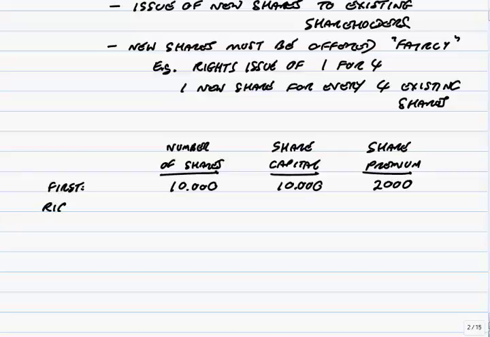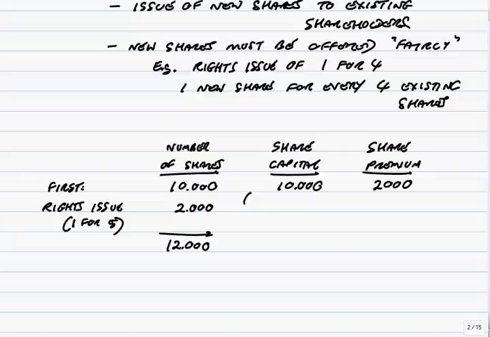They now have a rights issue 5 years later, and it says it's a rights issue of 1 for 5. So how many new shares will they issue? They've 10,000 currently, 1 for 5. There'll be another 2,000 shares. There'll now be 12,000 shares in issue. They're paying $3, so that's 6,000 in total. But always these are the same shares as before, so they're $1 shares, and the nominal value goes to share capital.